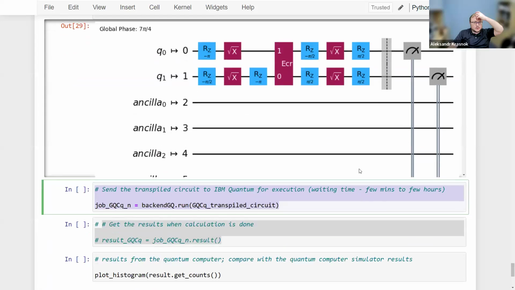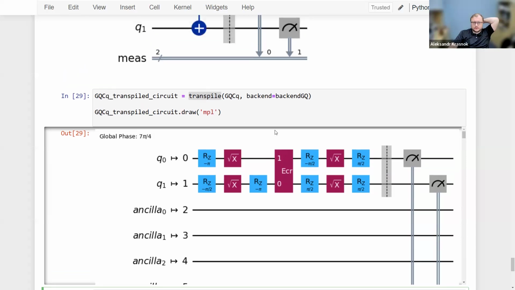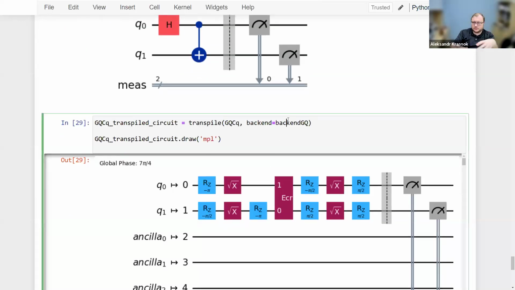Now in our current circuit, there is an element that connects the two qubits, which means that these two qubits are entangled. Before measurement, they are entangled. Again, this transpiled circuit is exactly the same as this one. Qiskit just creates a transpiled version to make it more feasible and solvable using a particular quantum machine.